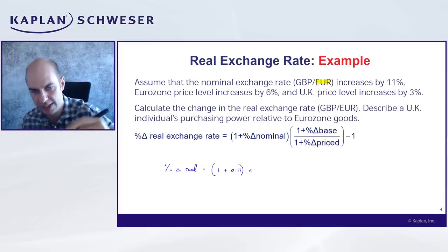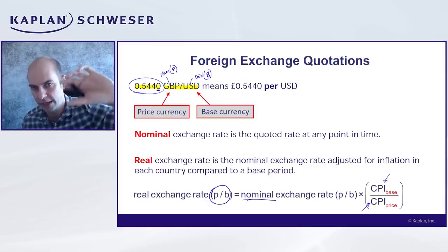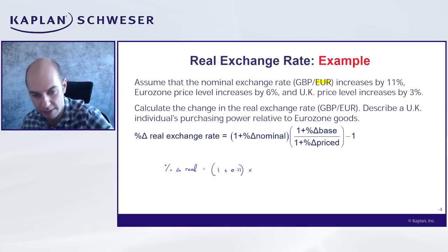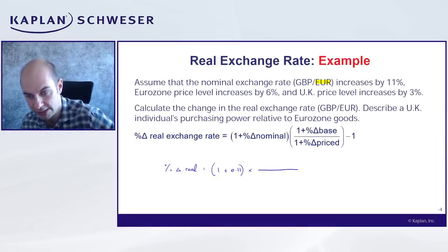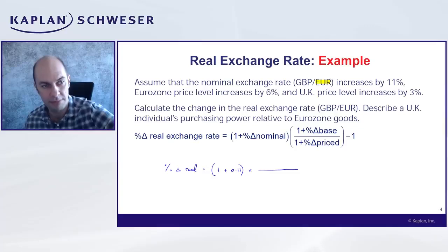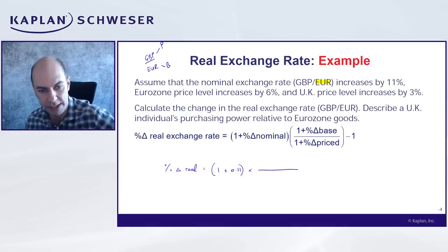Now here, just like on the previous slide, if I was looking at the nominal exchange rate to strip away inflation, I would have to reciprocate the CPIs. So here I'm going to do the same, and reciprocate the growth rates of the CPIs. So remember, GBP over euro, maybe even write it somewhere. That's my price and that is my base.